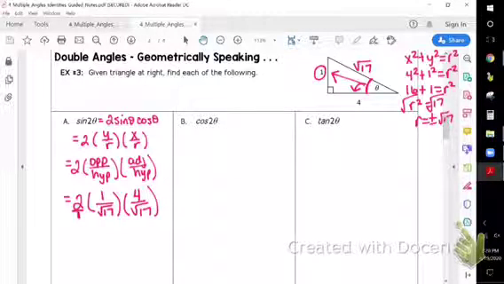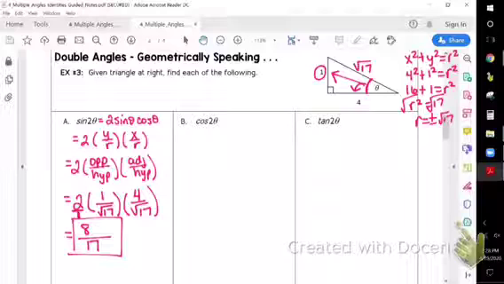So when I multiply the top, 2 times 1 times 4, I get 8 over 1 times the square root of 17 times the square root of 17. Well, 1 times anything is anything, and square root of 17 times itself will just give us 17. So we get 8 over 17 as our answer for sine of 2 theta.